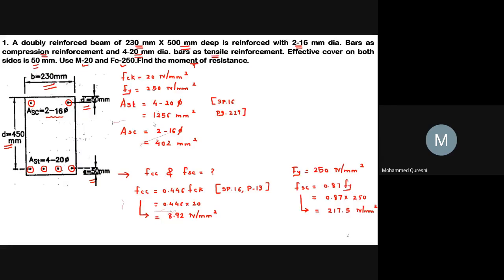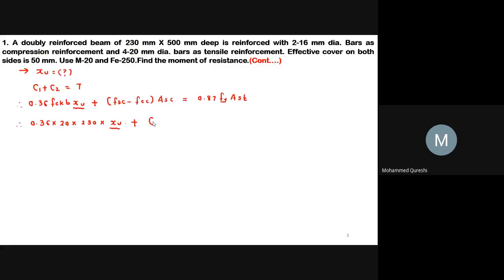We had calculated fsc as 217.5 and fcc as 8.92, so we will put both the values: plus (217.5 minus 8.92) into Asc, which we had calculated in the first step as 402, equals to 0.87 into fy as 250 into Ast, which in the previous step we had calculated as 1256.